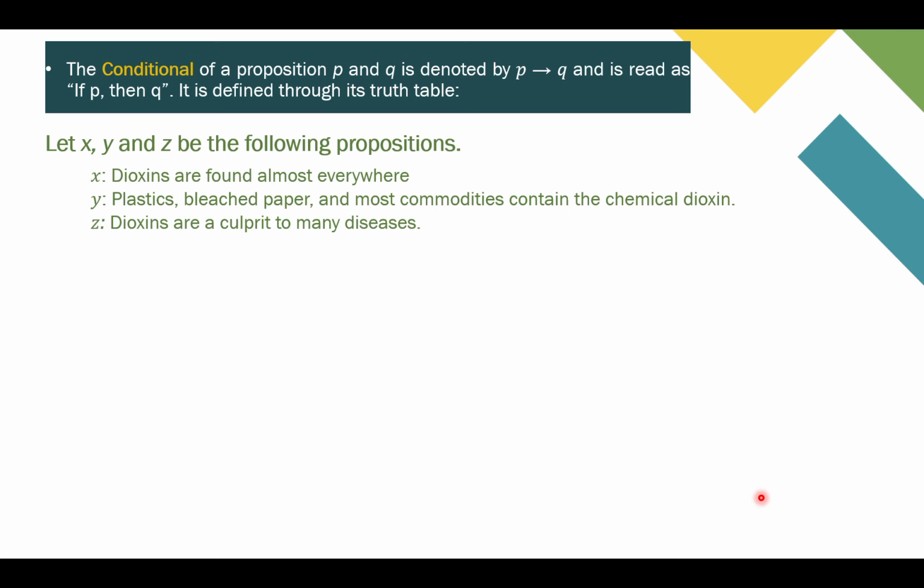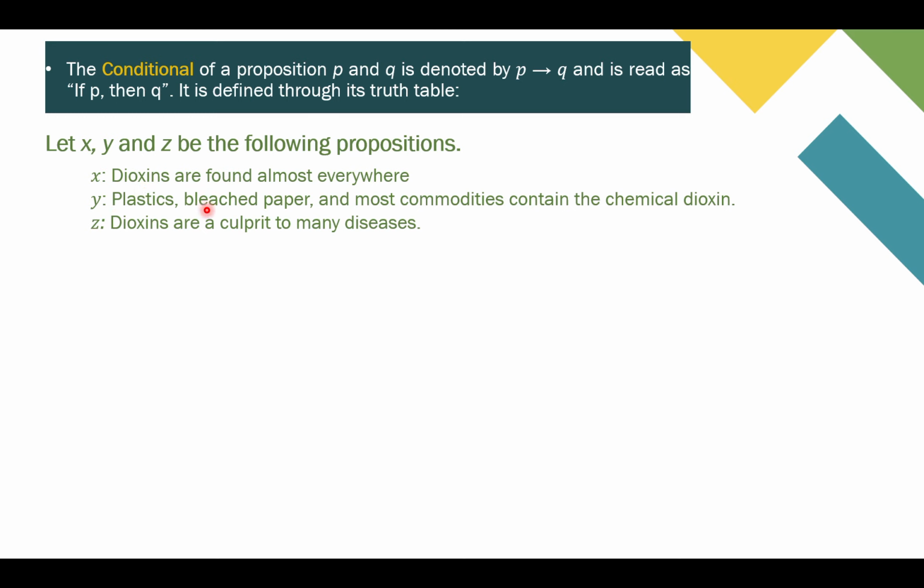So, this is another example of how to write sentences or symbols using the conditional of a proposition. Okay, remember, this right arrow denotes if P, then Q. Okay, so let X and Y be the following propositions. X, dioxins are found almost everywhere.